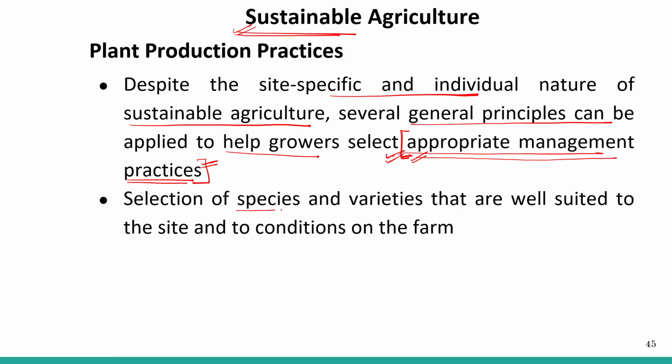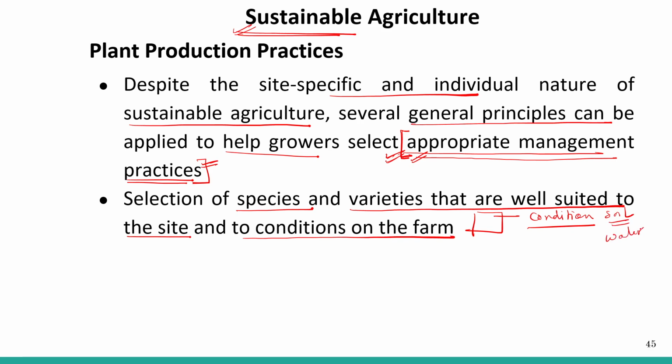Selection of species and varieties that are well suited to the site and to the conditions on the farm. We have a farm and it has specific conditions. Conditions mean soil, what the type of soil is, what the water availability is, and what the general weather condition is.